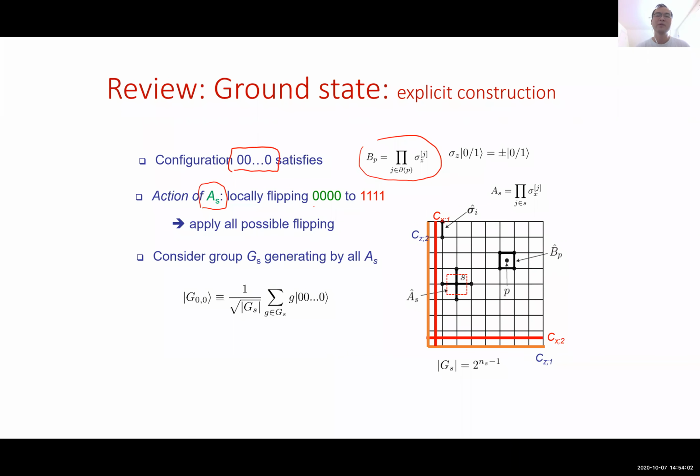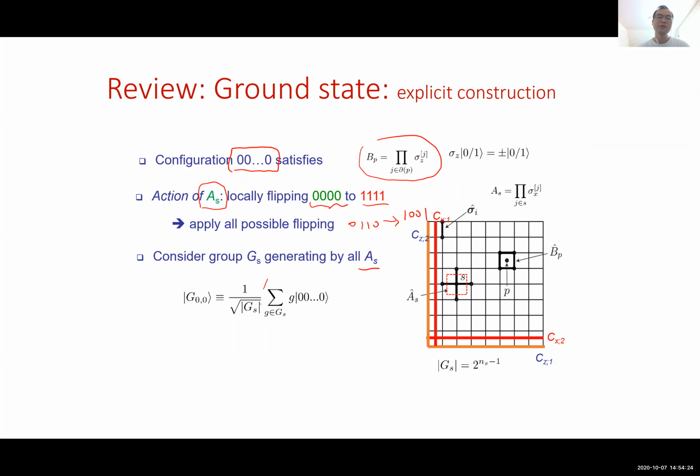However, the star operator flips 0 to 1, or if you have this, it would flip to 1, 0, 0, 1, etc. So the idea is that given that we satisfy BP, now we try to satisfy AS.